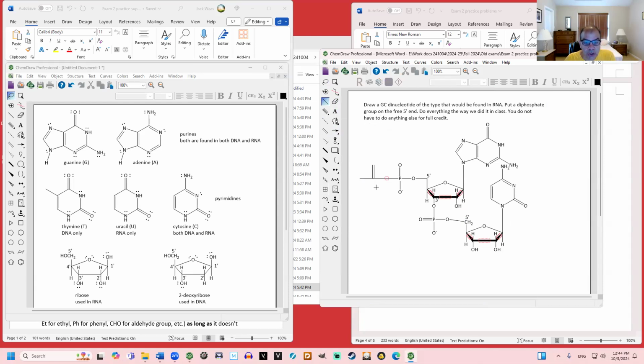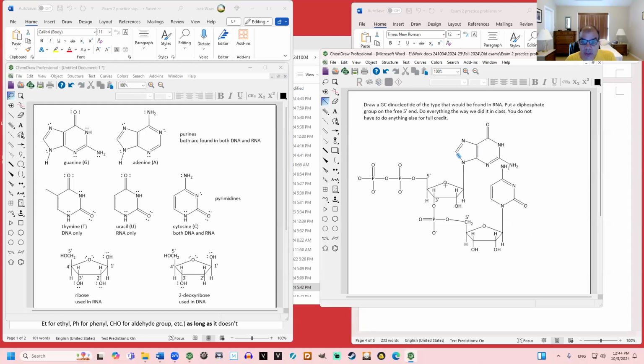Again, I expect you to know what the structure of a phosphate group is. There we go. I also should point out these wedged bonds are optional. You don't have to wedge the bonds in. You can, but if you just want to draw straight lines like this, it's perfectly acceptable.